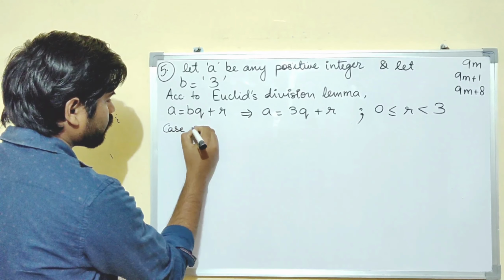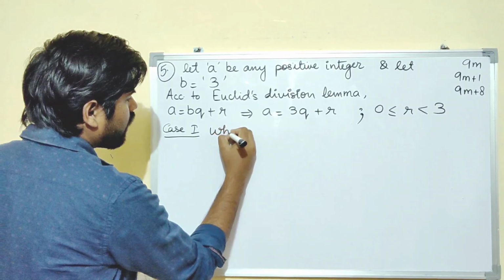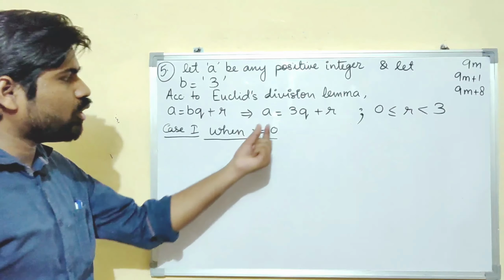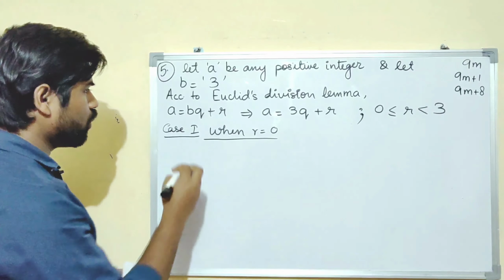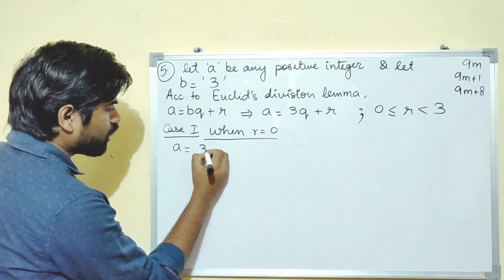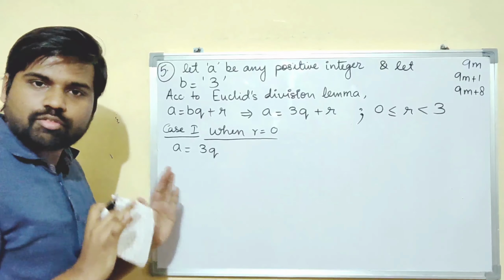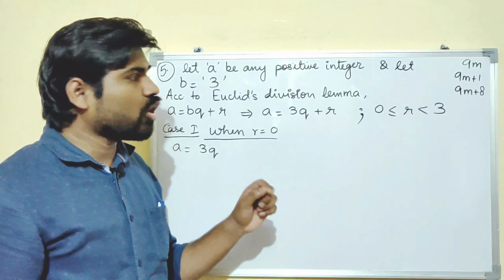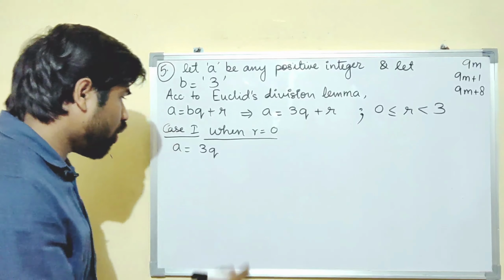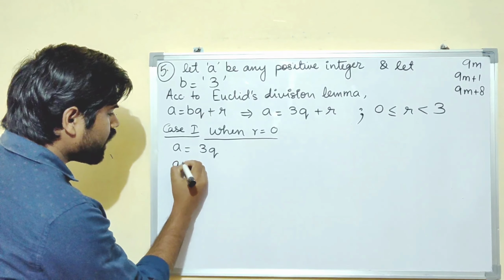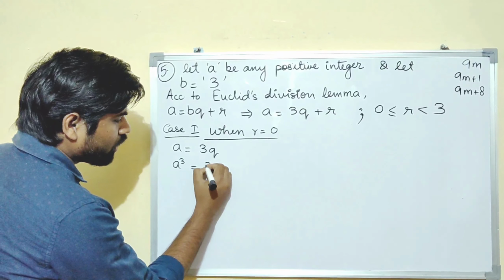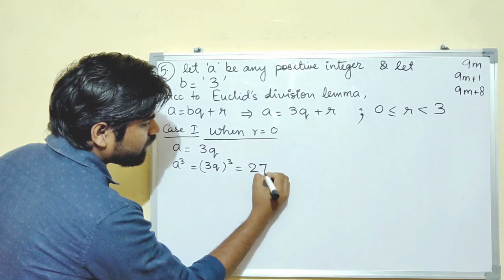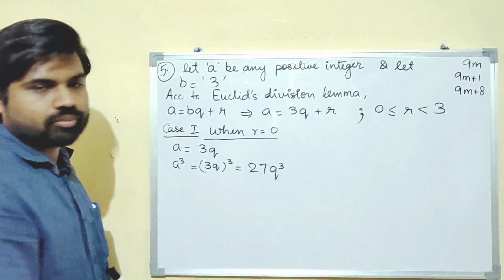Case first, when r equals 0. When r equals 0, the value of a will be 3q, right? a equals 3q. Is it sufficient here? No. Why? Because in the question it is said that you have to cube that number. On cubing both sides, you will get a cube equals 3q whole cubed, which will be 27q cube.